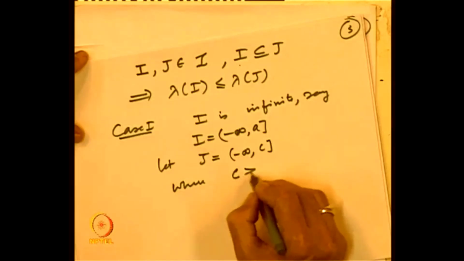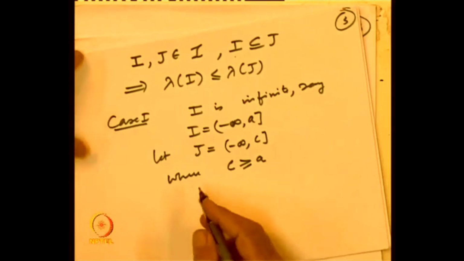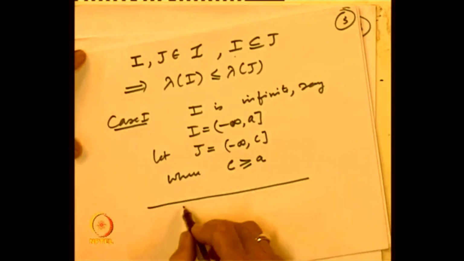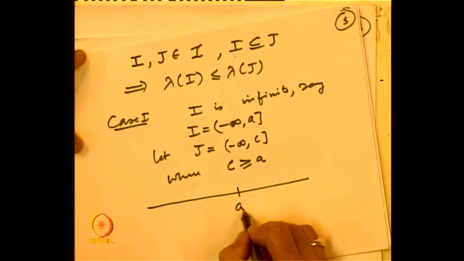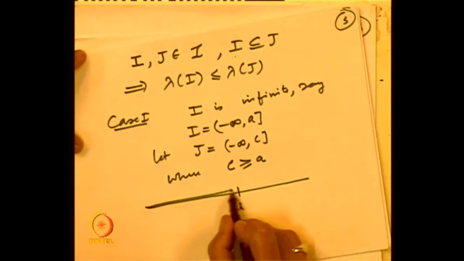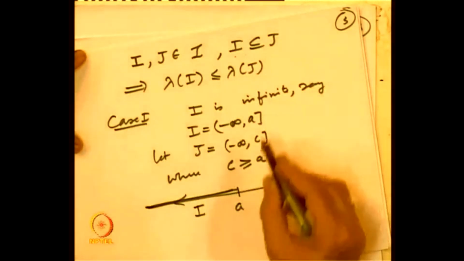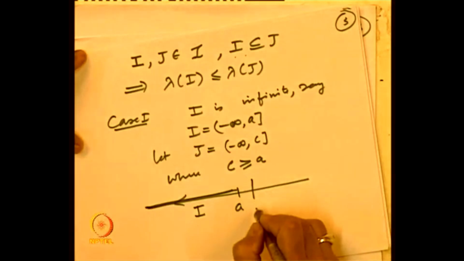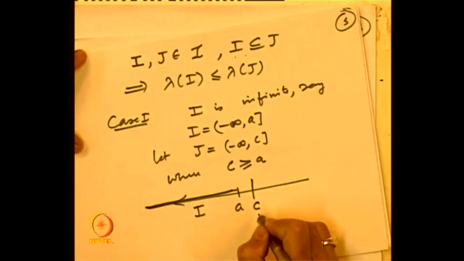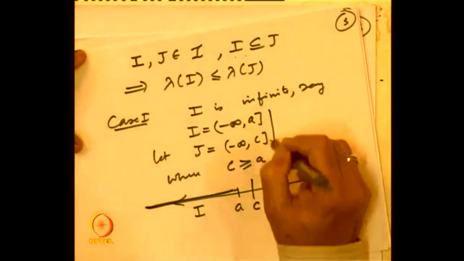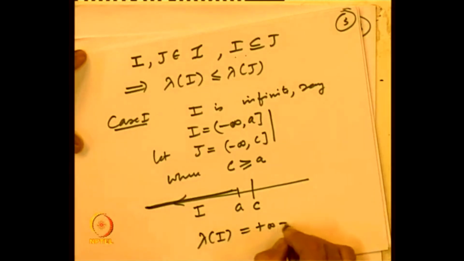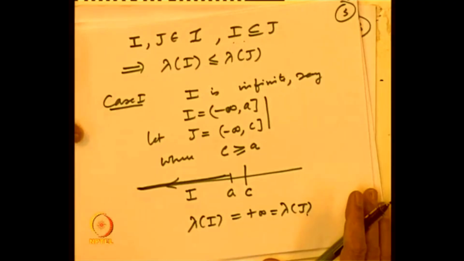So essentially what we are saying is, if this is a and this side is the interval I, and if J is to contain I, then J must end somewhere here, so that is c. Clearly both are infinite, so the length of I is equal to plus infinity, which is the length of J. So that case is obvious.